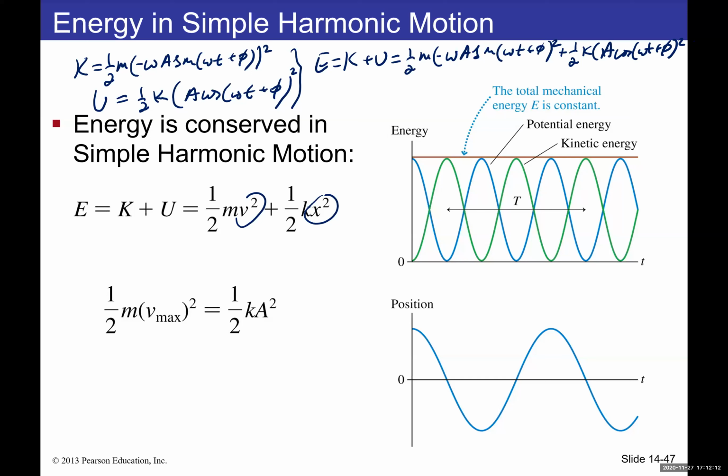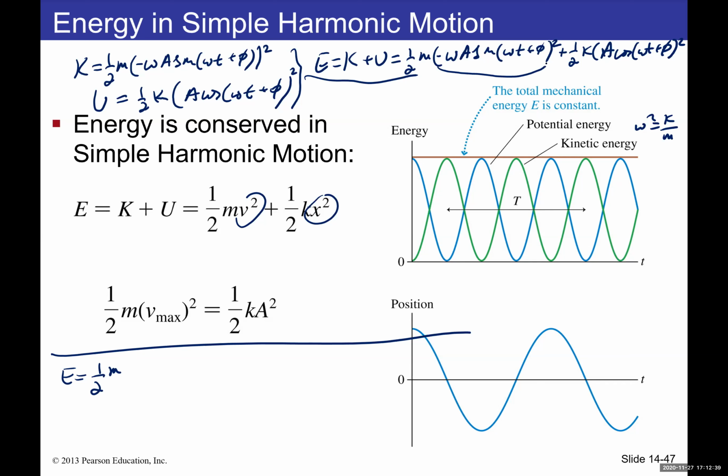Now, one of the things I'm going to do is replace omega with, for example, the square root of k over m. Remember this equation, or let me do omega squared equals k over m. Let me write that equation over here. So energy is 1/2 times mass times everything here squared.